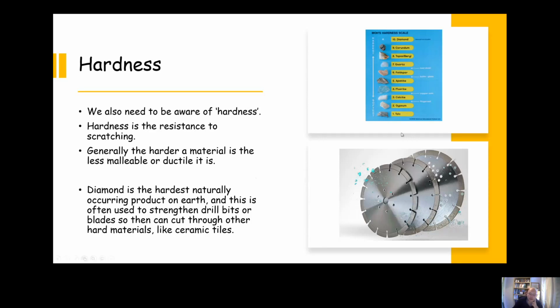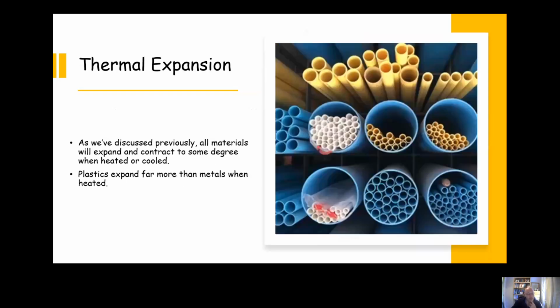There are 2 ways of measuring hardness. One is Mohs scale, which you can see up on the right hand side here, where you might use one material to see if it can scratch another material, and the other is the absolute scale of hardness, which is a bit more of a scientific scale.